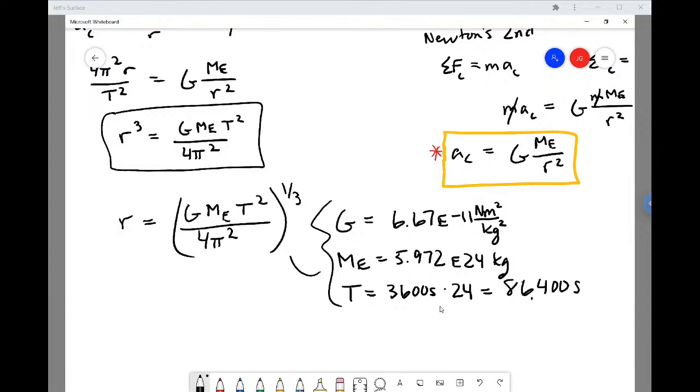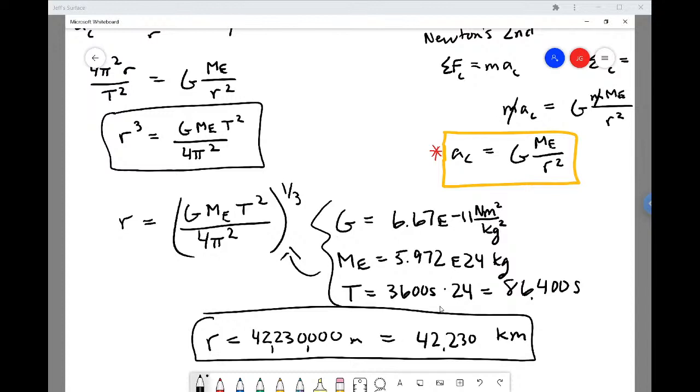You put this all together into this formula, and the answer you get is the radius of this circular orbit that has this property of being geosynchronous is 4.223, let's round it there, times 10 to the 7th. So that is 42 million meters, or 42,230 kilometers.